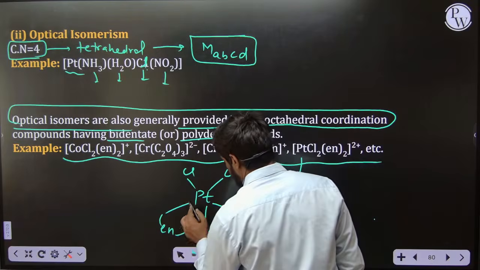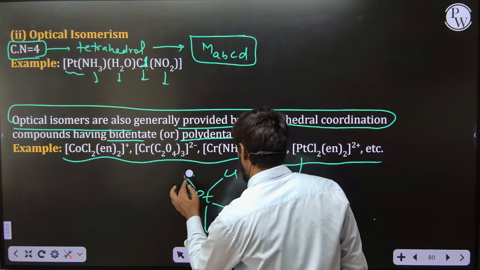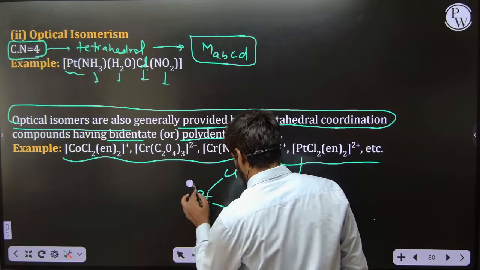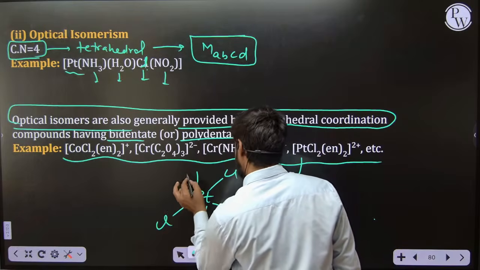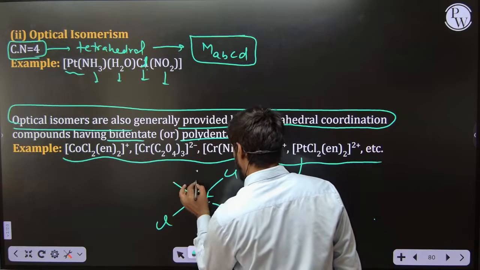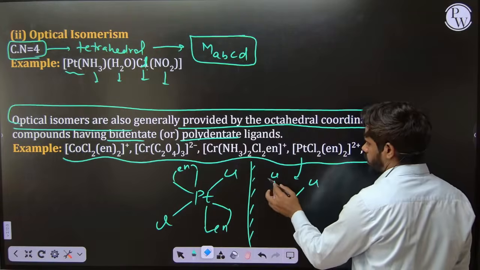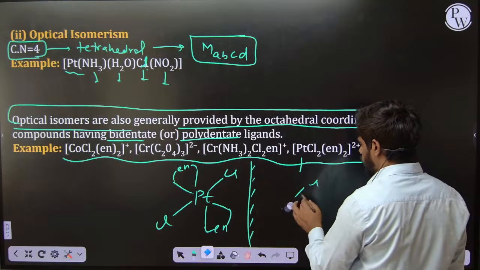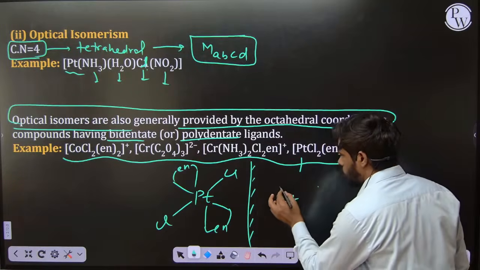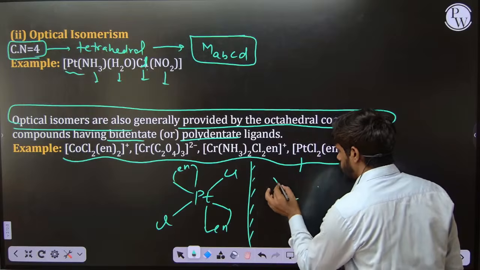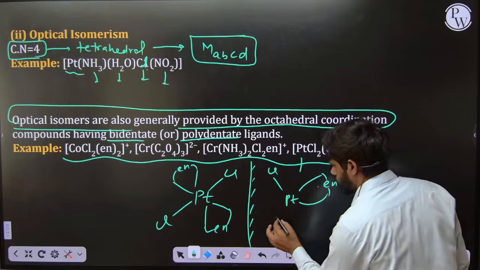If we make this complex unsymmetrical, the mirror image of this is now non-superimposable, with chloride here, en, chloride.